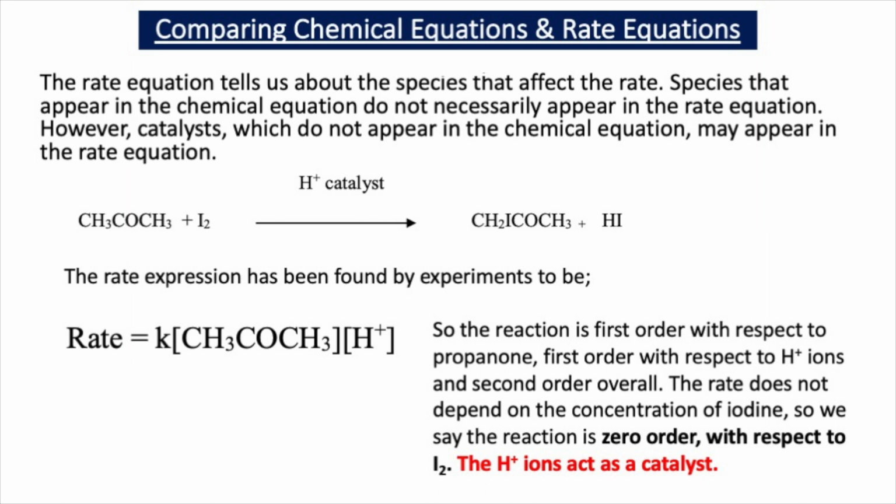Now it's worth remembering that if you see a species, a molecule, an atom or an ion present in a rate equation but not the chemical equation, that species is a catalyst because it speeds up the rate of a chemical reaction, but we don't list catalysts in the overall equation because a catalyst is not used up in the reaction.